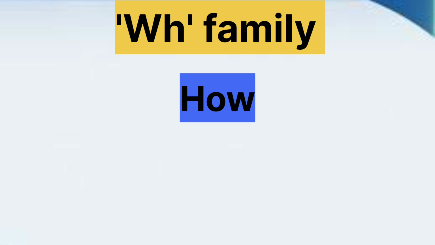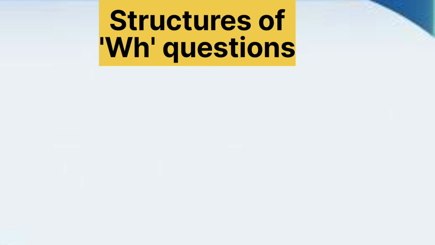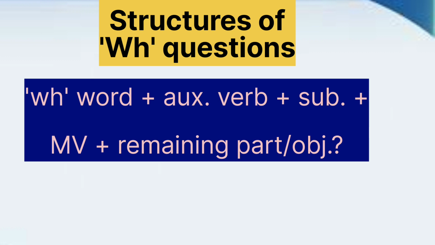Second thing about WH questions is to know about different structures. Now let us understand what are the different structures that we can use to frame WH questions. The first structure: WH word plus an auxiliary verb plus subject plus main verb plus remaining part of the sentence.